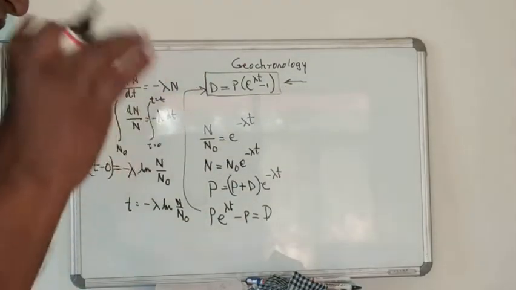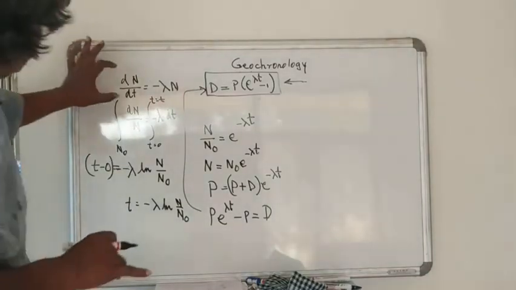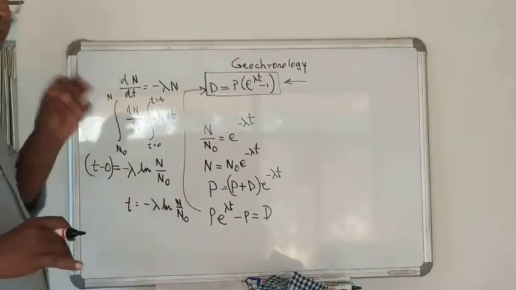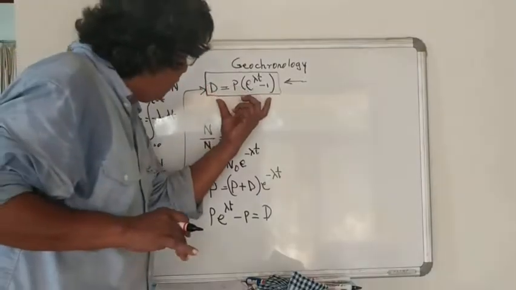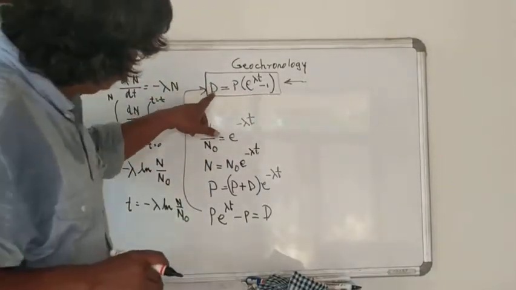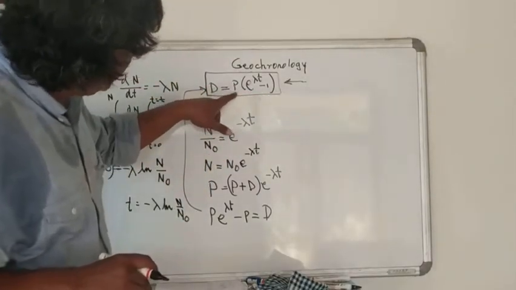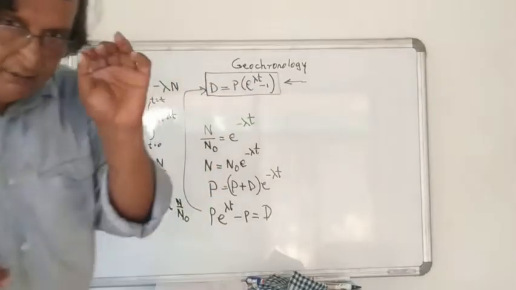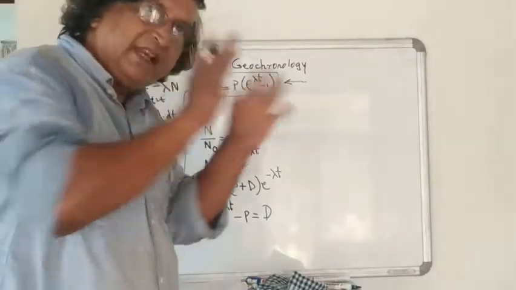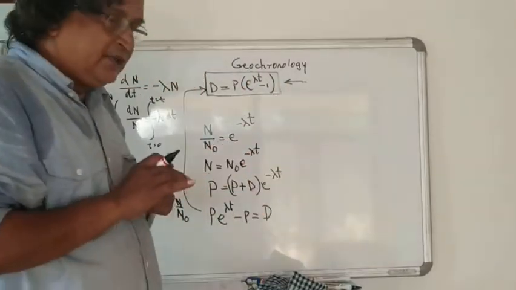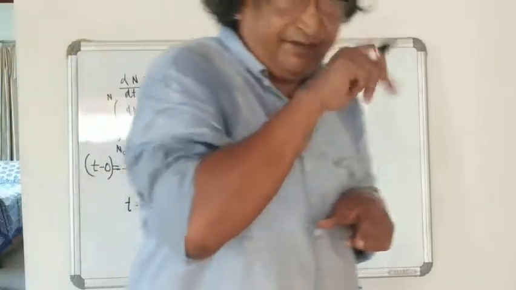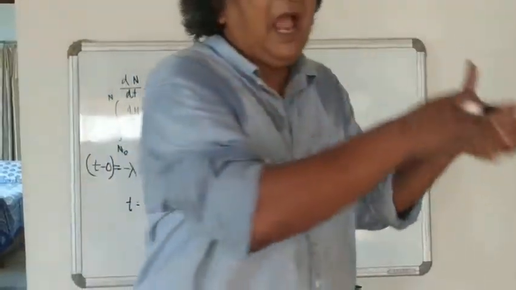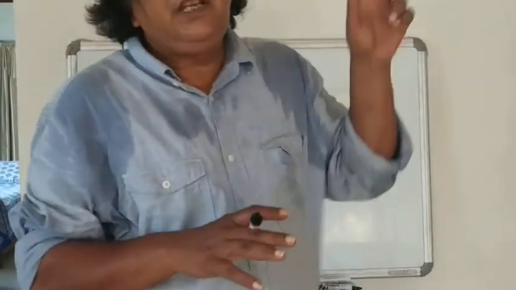So there are essentially two equations. From this very basic equation, you can derive two very important equations. One is that the number of daughter element is equal to the number of parent element into (e to the power lambda t minus 1). And the other equation which you knew before, the relationship between the decay constant and half-life, that t half is equal to 0.693 by lambda.